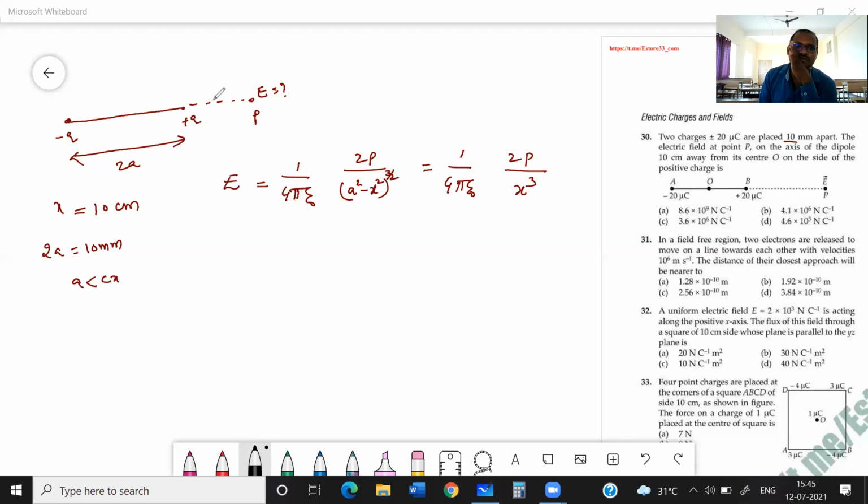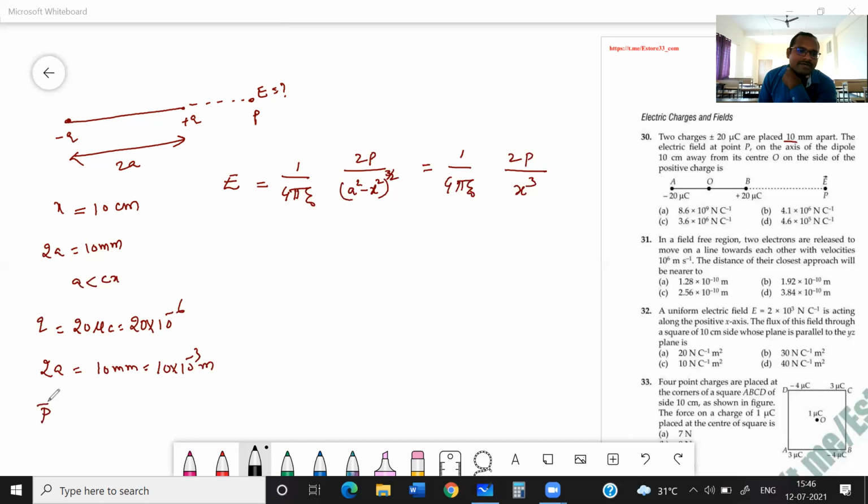So in this formula substitute the given values. Q value is given as 20 microcoulomb. It is nothing but 20 into 10 to the power of minus 6, and length of the dipole is given as 2a, given as 10 millimeter, means nothing but 10 into 10 to the power of minus 3 meters.